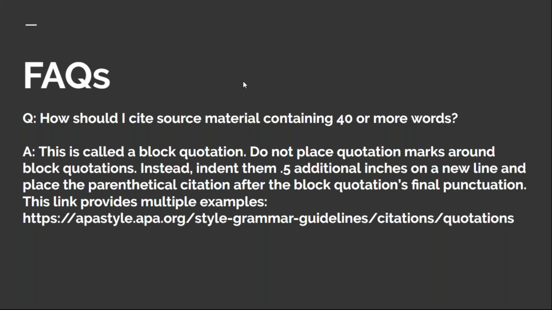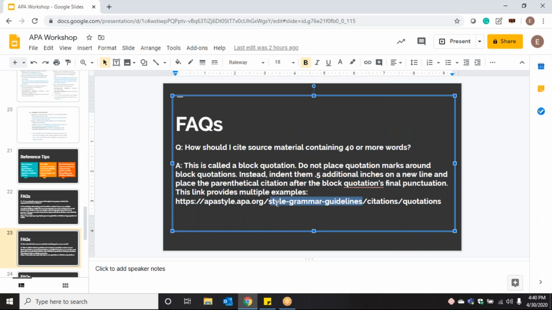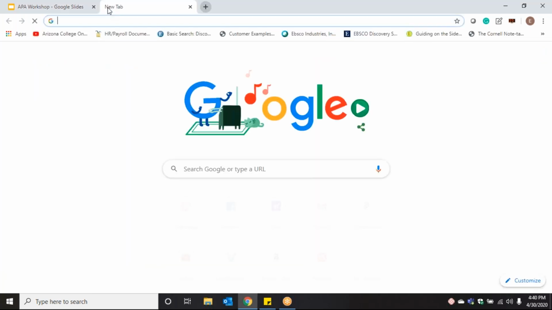And the parenthetical citation goes after the block quotation's final punctuation. This is one that I discourage unless you are writing a really long paper, right? Because we don't want our papers to have too many outside sources in them, right?